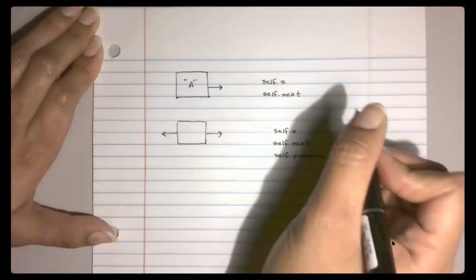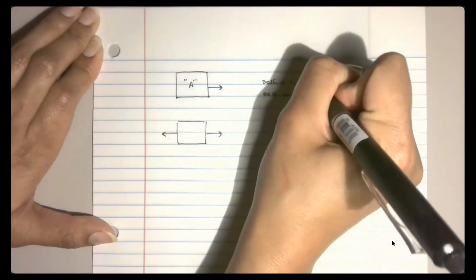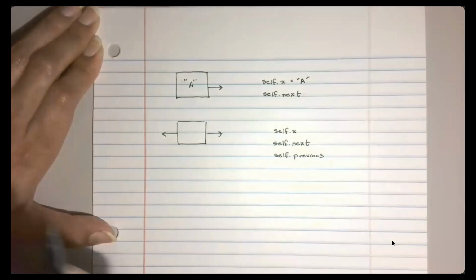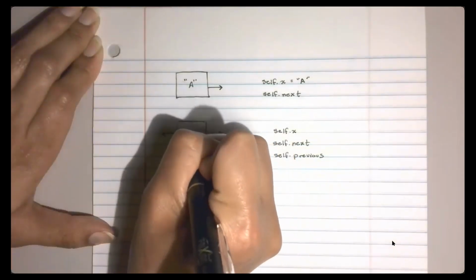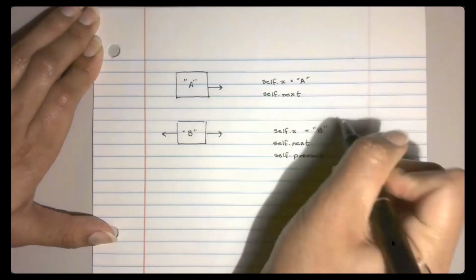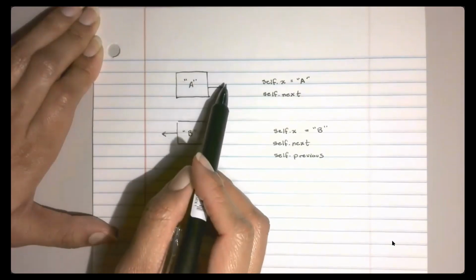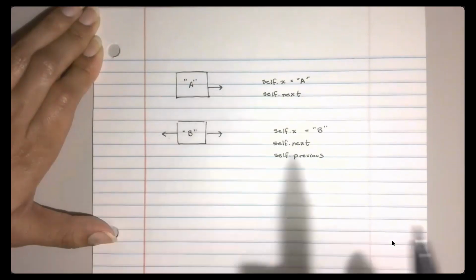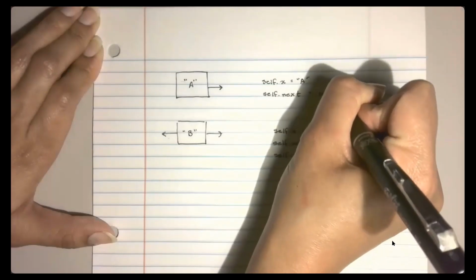In this case, self.x was the element string A. In this case, maybe we have something else, let's just say B. And for this diagram in the singly linked list, there was no other node, so maybe our self.next is None.